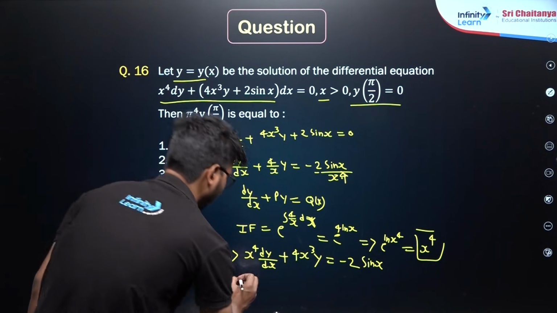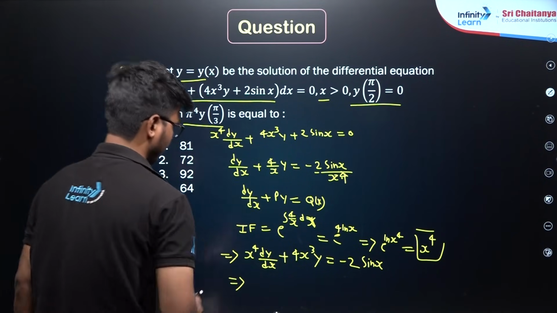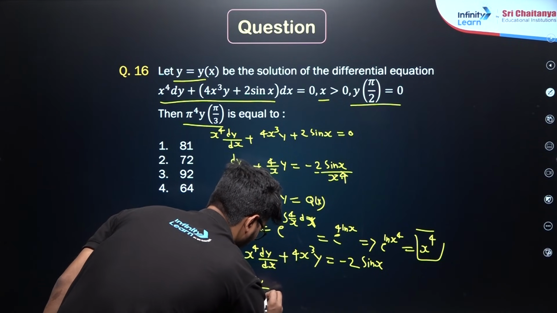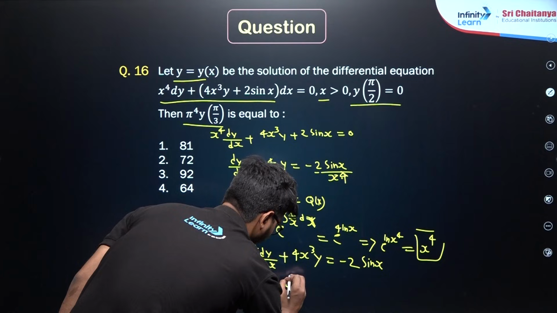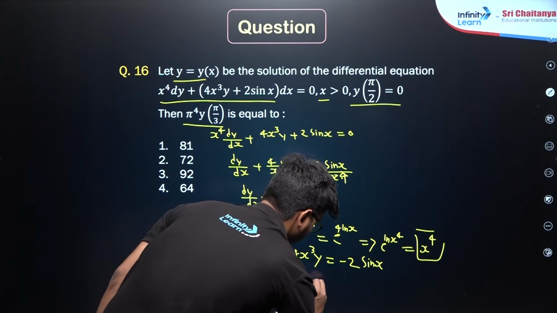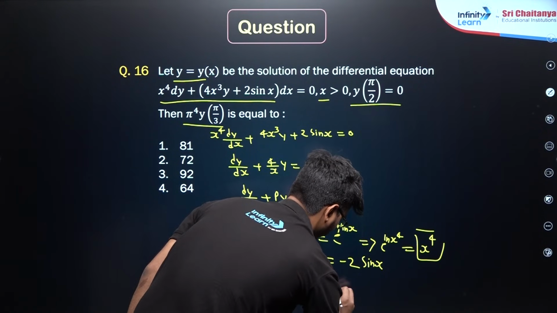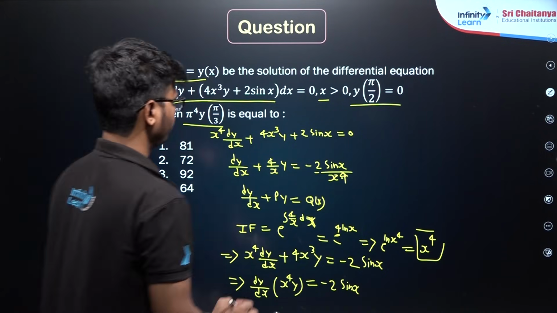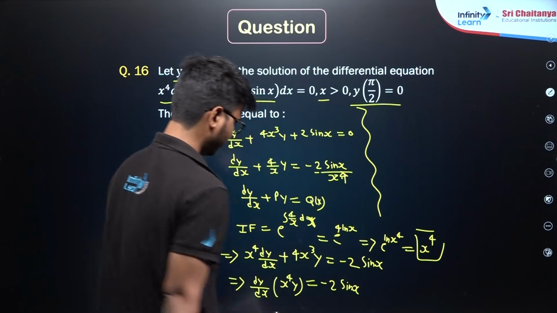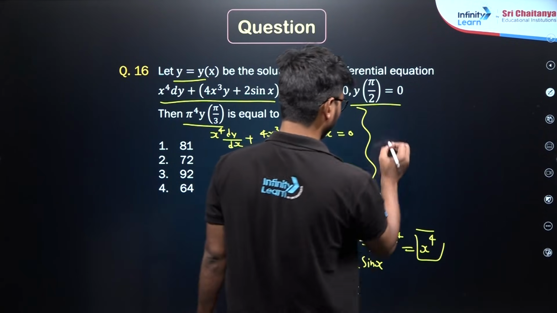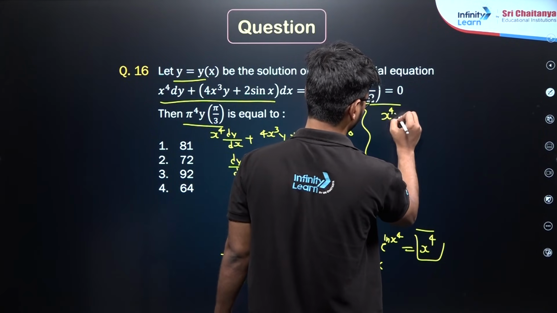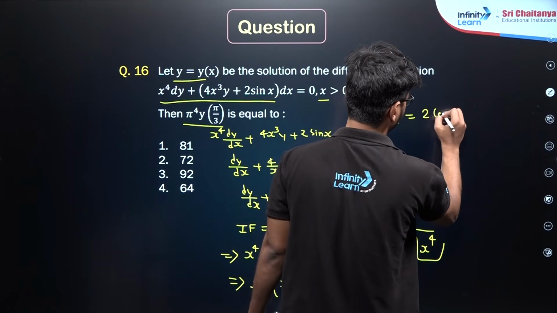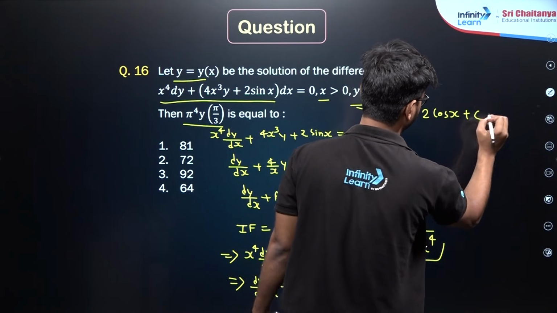Now if you observe, I can write this term as d by dx of x to the power 4 y is equals to minus of 2 sin x. Further, let's integrate both the sides. So when I integrate both the sides, I am going to get x to the power 4 y equals to 2 times cos x plus c.